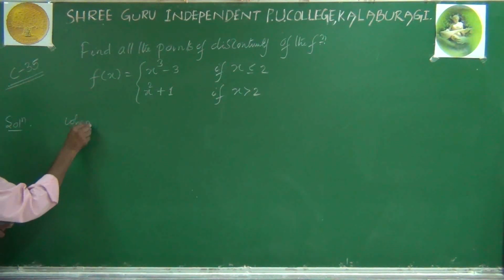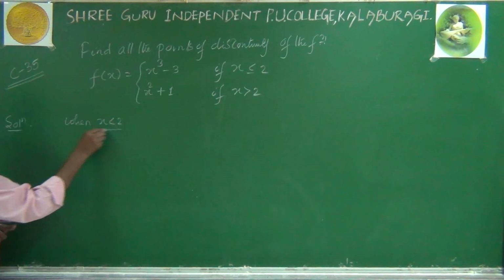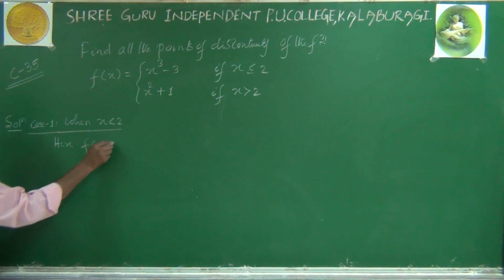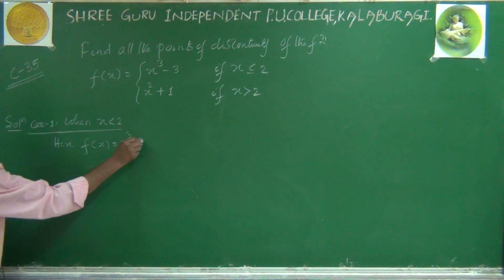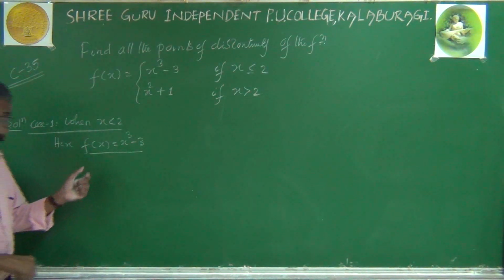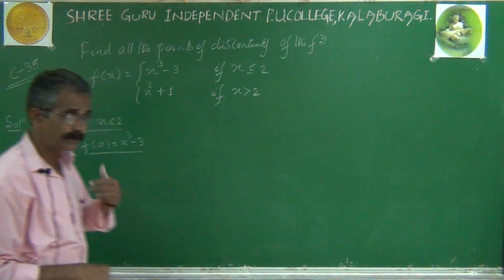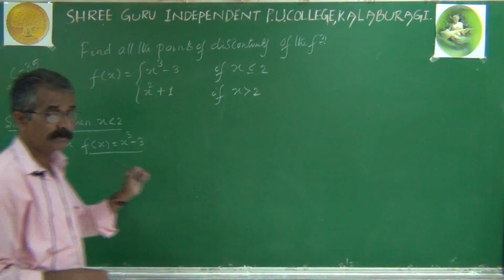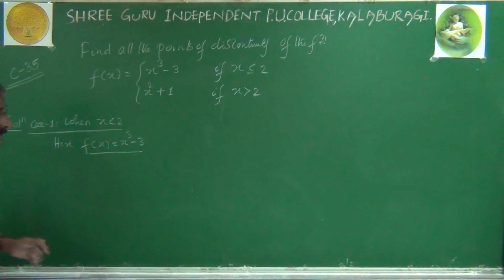When x less than 2, make it case 1 if you wish. Case 1, when x less than 2. Here under this case f of x equals x cube minus 3. But what is x cube minus 3? It is an algebraic polynomial of degree 3, whatever the degree, that is not a concern, as it is an algebraic polynomial, which is always continuous.